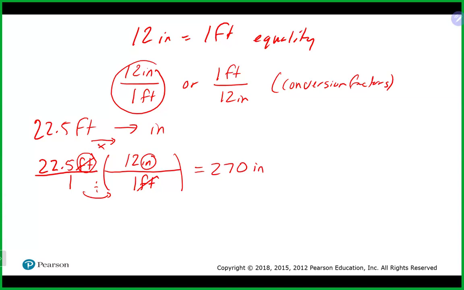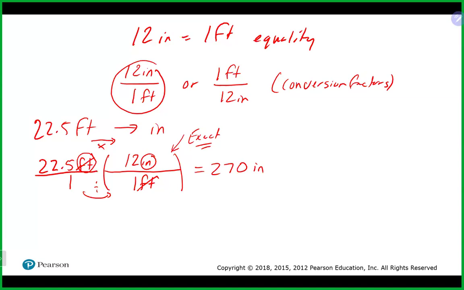We also talked about the idea that when we're using conversion factors that come from equalities, certain ones are considered exact conversions, which means you do not have to worry about them in terms of your answer. And this would be one of those. Exact conversions are pretty much for sure if it's a metric to metric conversion, or an English to English conversion.